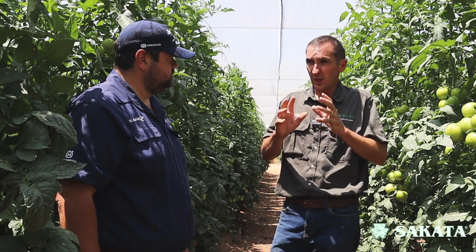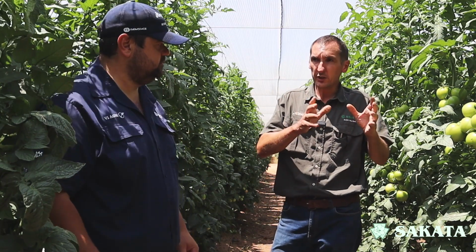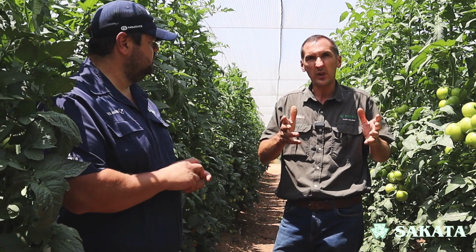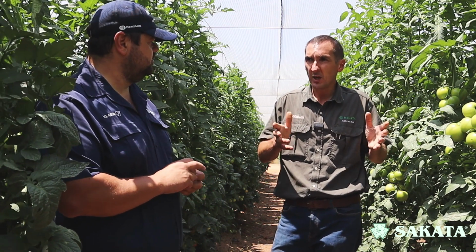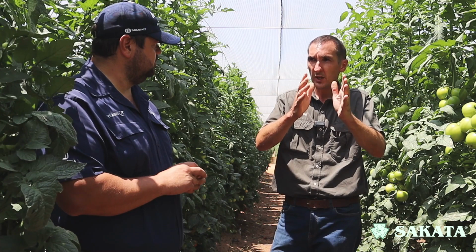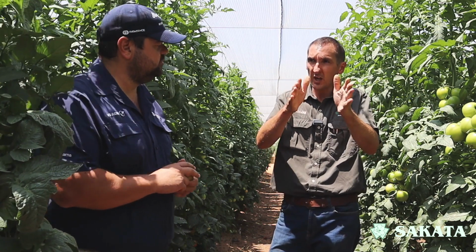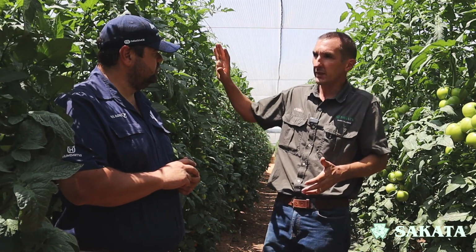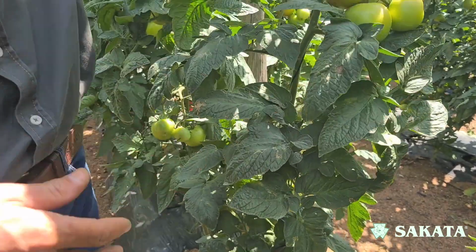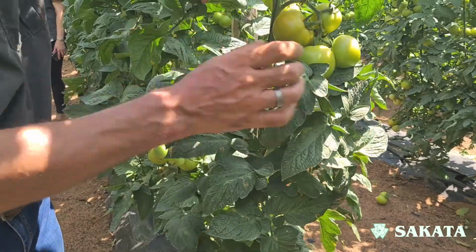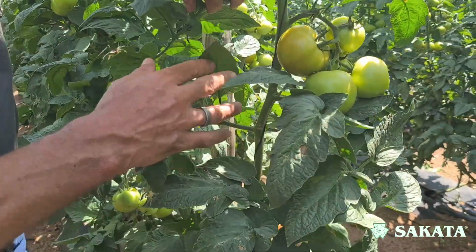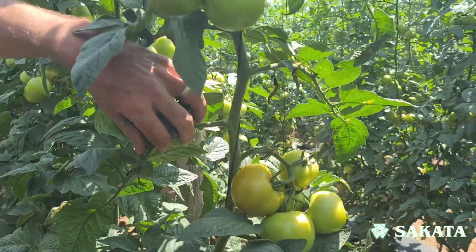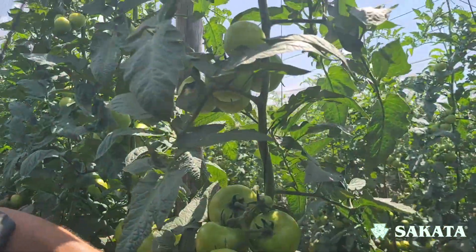Then we've got two different types of trellising. The determinate ones is mostly what we can basically call the Spanish system, where you just grow the plant and you've got ropes on the side of the plant that support the plant and it grows upright. Here it's more of a Dutch system where you've got a single wire or a single string and you've got a single or a double stem depending on the plant, coming from the supporting wire at the top.